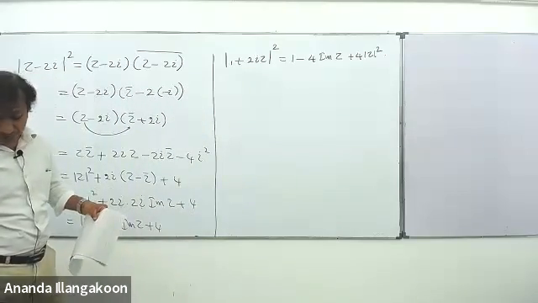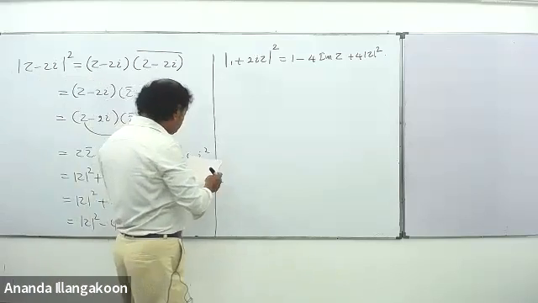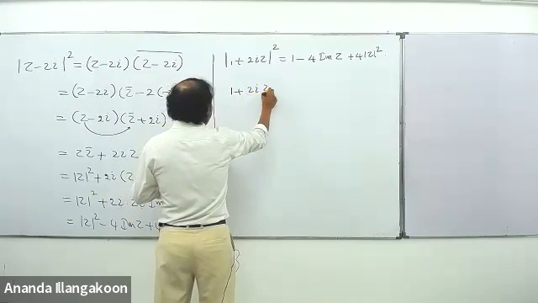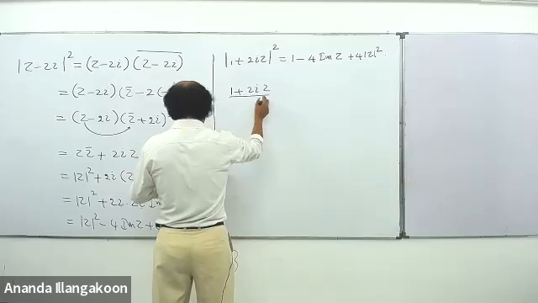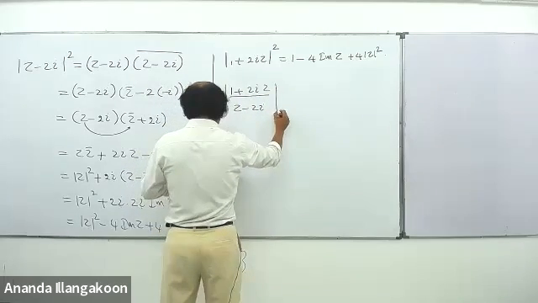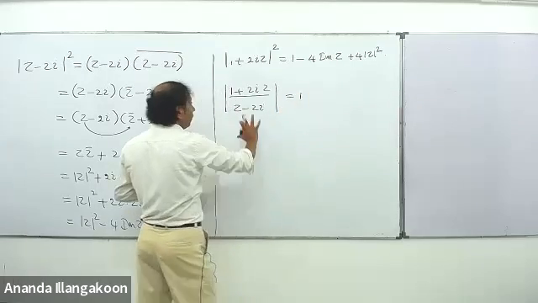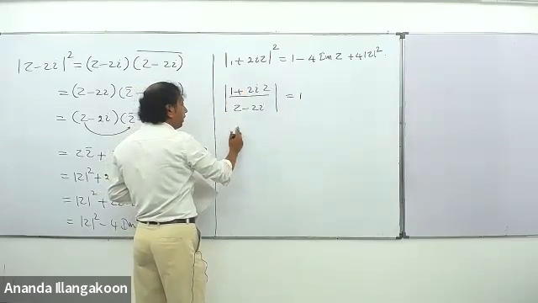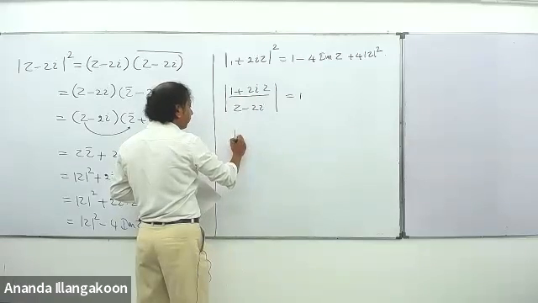The proof is this: mod of 1 plus 2i z divided by z minus 2i is equal to 1. This division and mod, you can write by applying mod here and here.